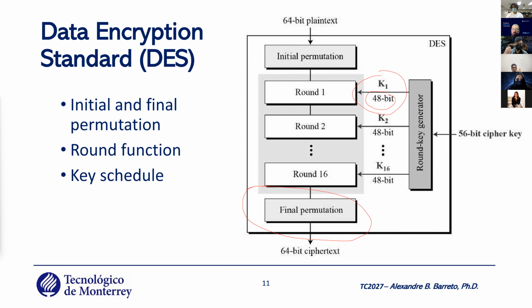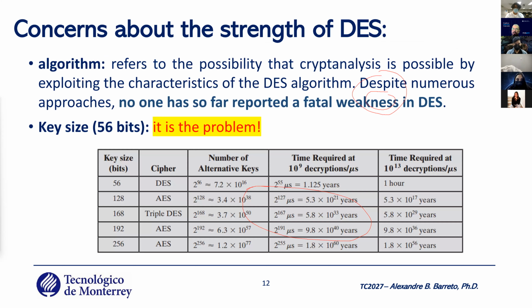So, why is DES not used today? The DES is not used today not because of a problem in the model or the algorithm. The problem is the key. The key has only 56 bits. It is a very small key.